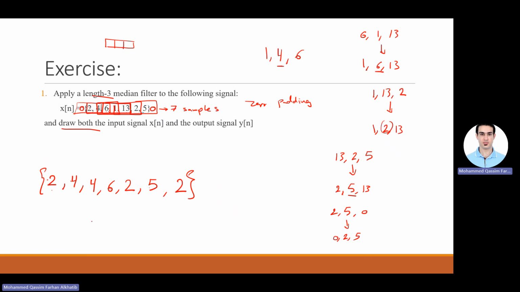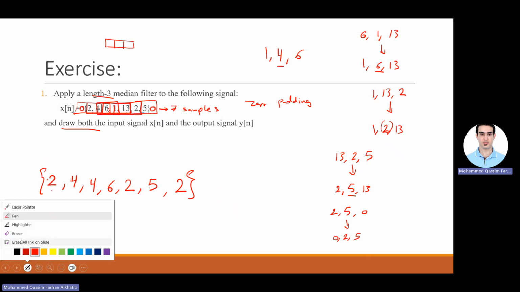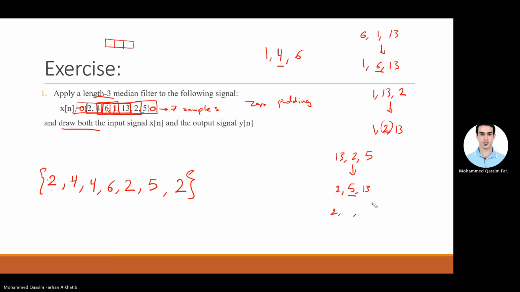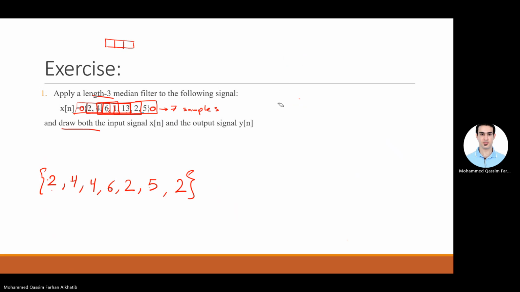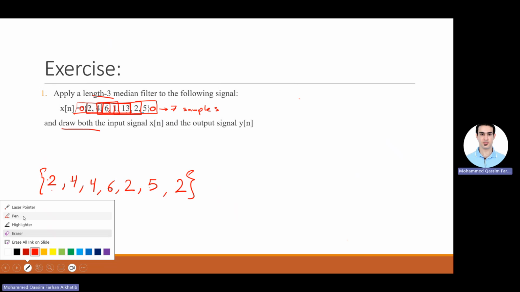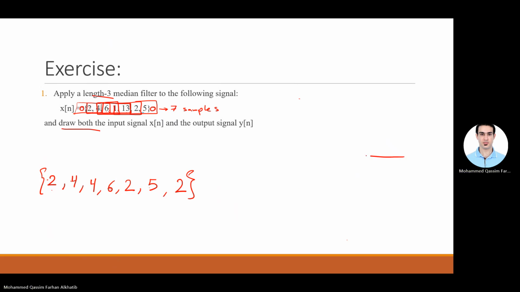So let's draw x of n. Let me use the eraser to remove those. Okay, so let's draw the input first. For the first sample, that's 0, 1, 2, 3, 4, 5, 6. Those are just indices.